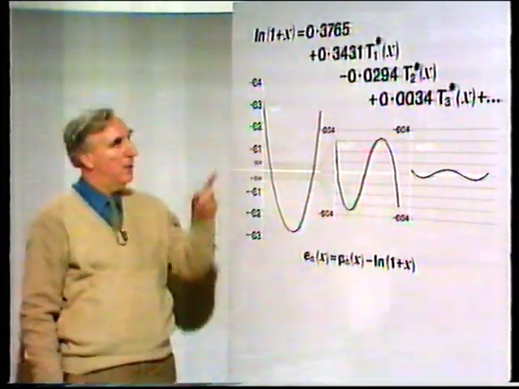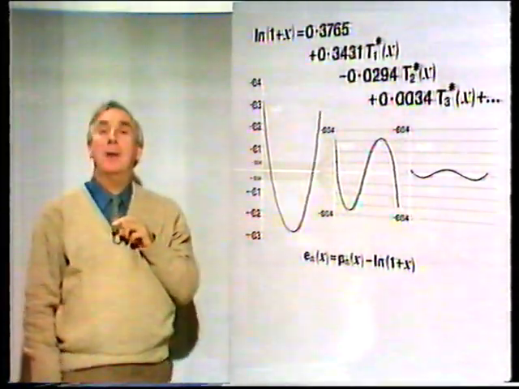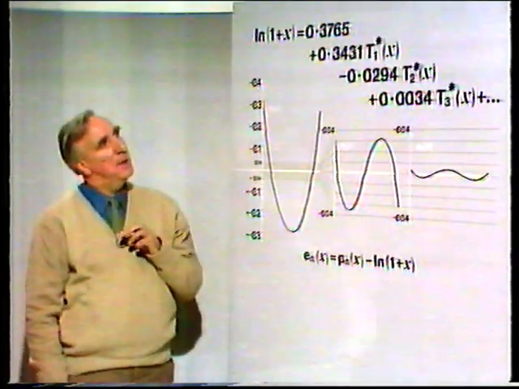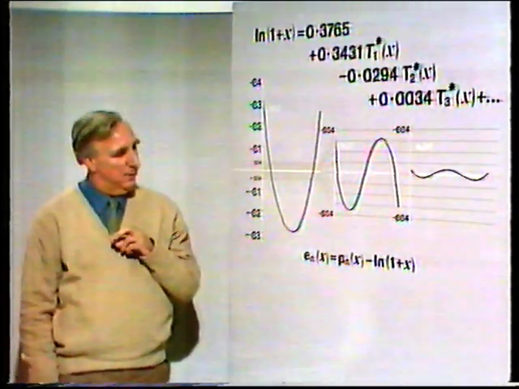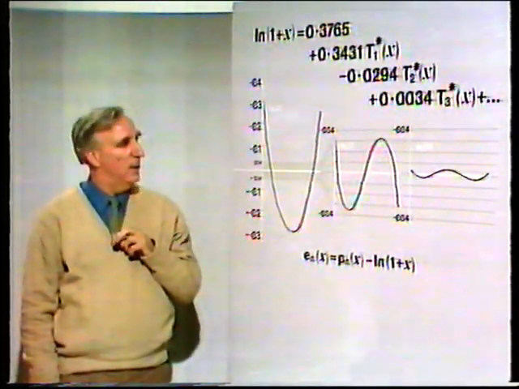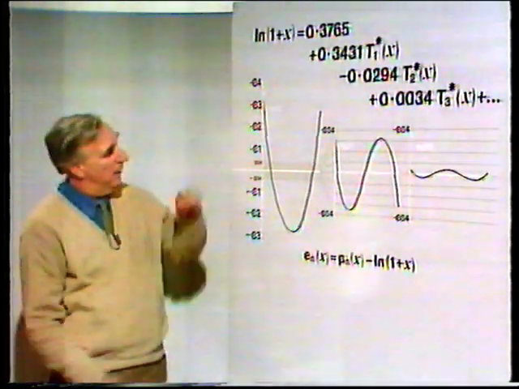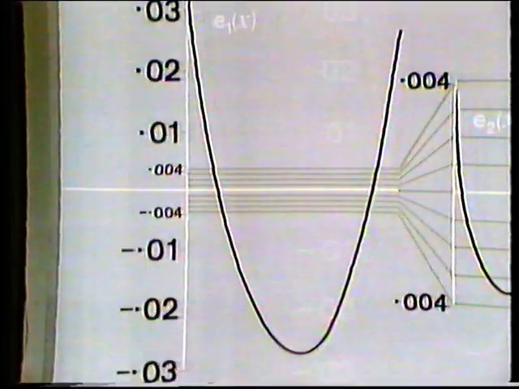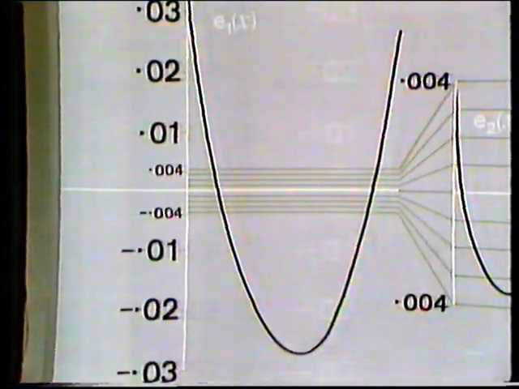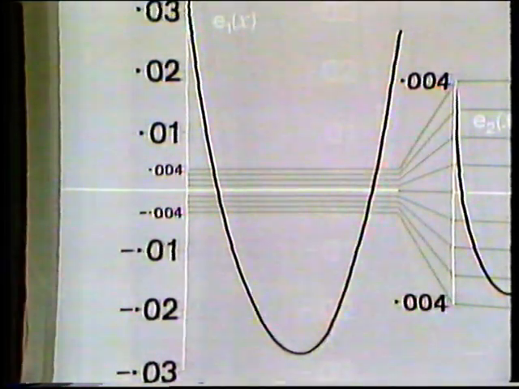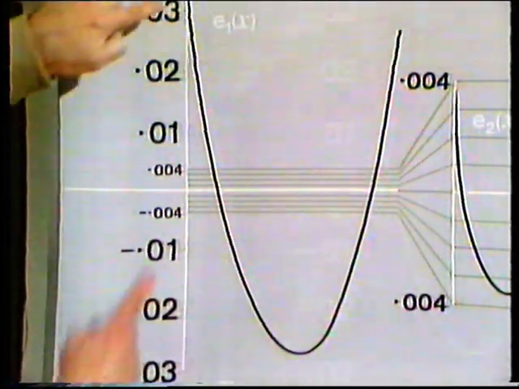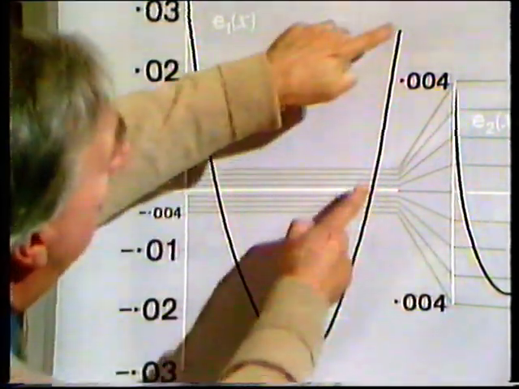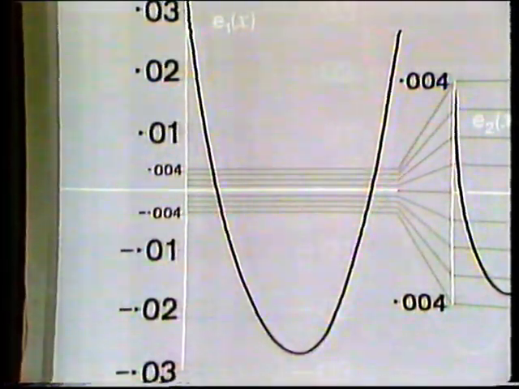So here's the Chebyshev series for log 1 plus x, and we can now look at the error curves which we get by truncating the series to give polynomial approximations of increasing degree. Here is E1(x), the error curve for the linear approximation, and you can see its shape has the right minimax behavior, and if only those distances were equal, we would have the minimax approximation.